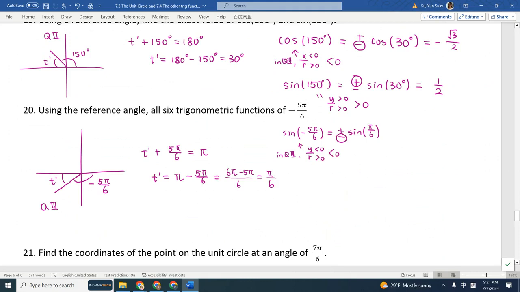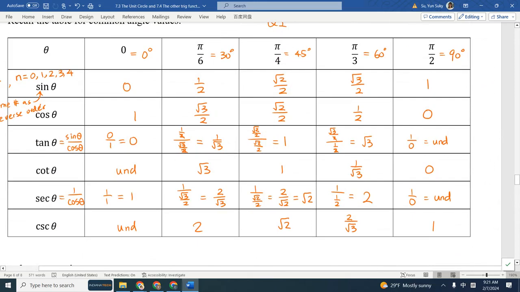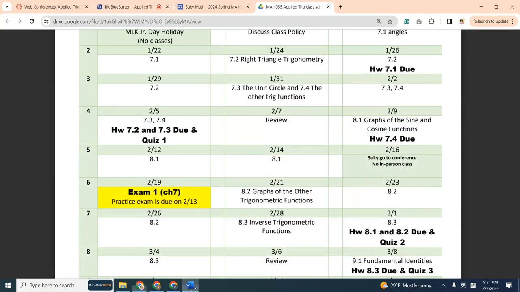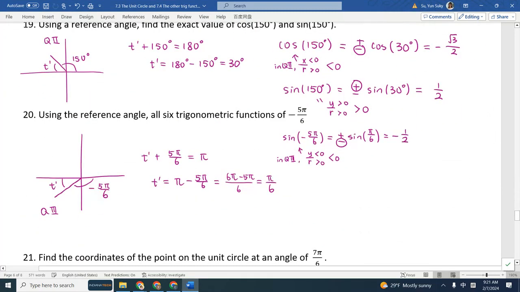So we pick the negative. Now, what is sine pi over 6? Look at your table. Sine pi over 6 is 1/2. See, that's why you need the table. In the exam, I will give you a blank worksheet, so you can fill out the values of the table, and then you can work on the problems. So therefore we get negative 1/2.